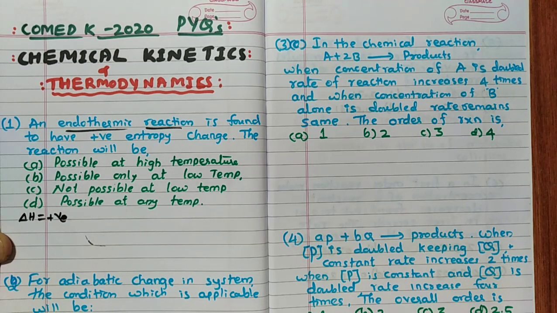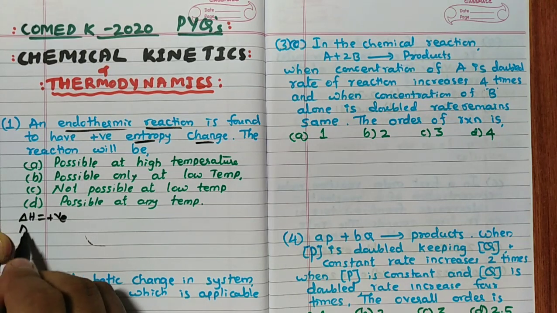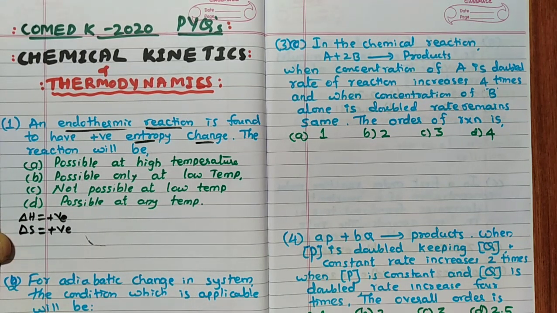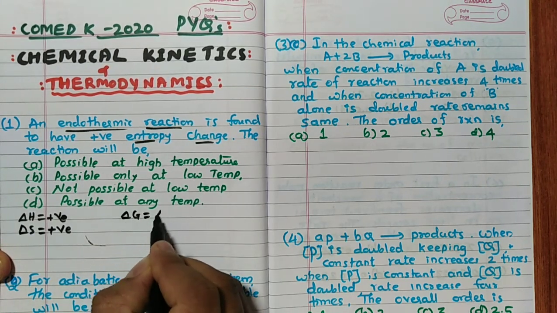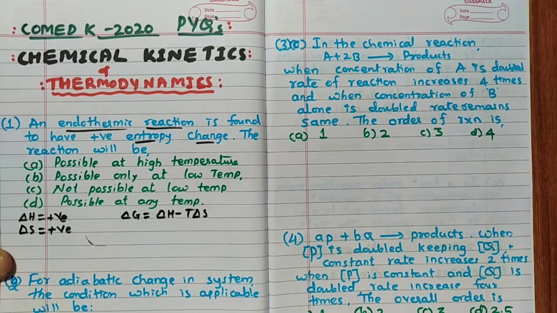Positive. Entropy change, delta S, is already given as positive. Now use the formula delta G is equal to delta H minus T delta S.